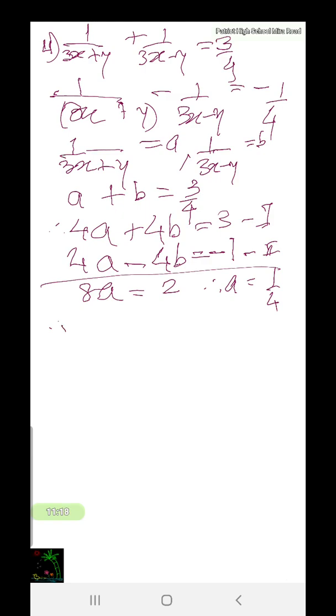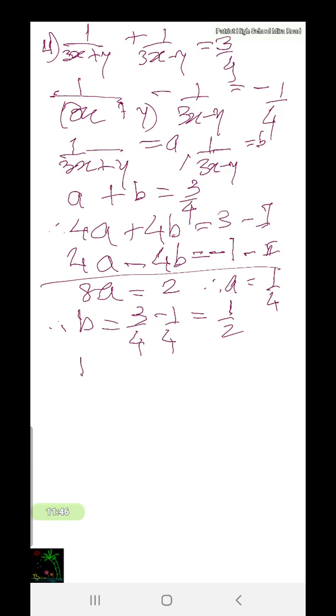Therefore b is equal to 3 upon 4 minus 1 upon 4, which is 1 upon 2. b is equal to 1 upon 2. But we know that a is equal to 1 upon 3x plus y.